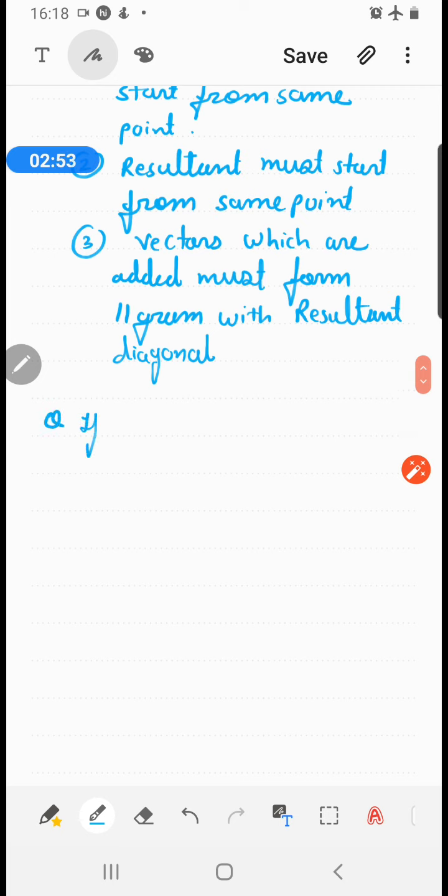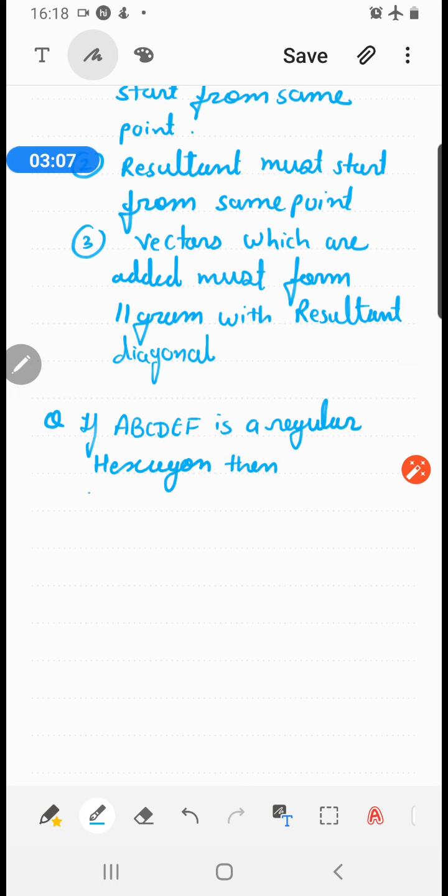If ABCDEF is a regular hexagon, then show that AB bar plus AC bar plus AD bar plus AE bar plus AF bar is equal to 3 times AD bar.